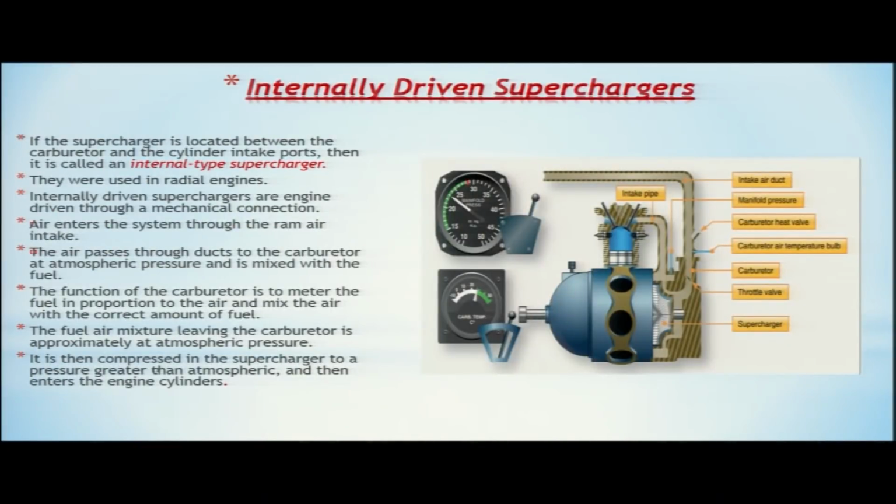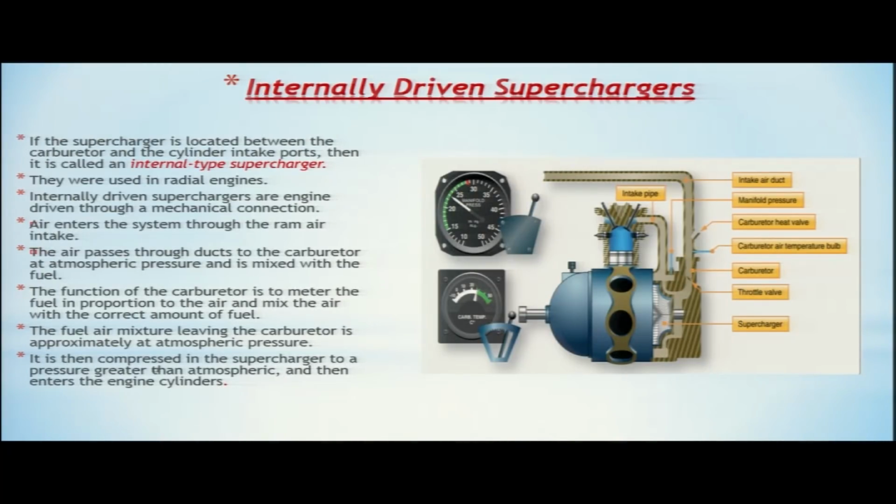Now, let us see what is an internally driven supercharger. If the supercharger is located between the carburetor and the cylinder intake port, then it is called an internal type supercharger. We have seen in our previous slide that an internally driven supercharger is located between the carburetor and the cylinder intake port.